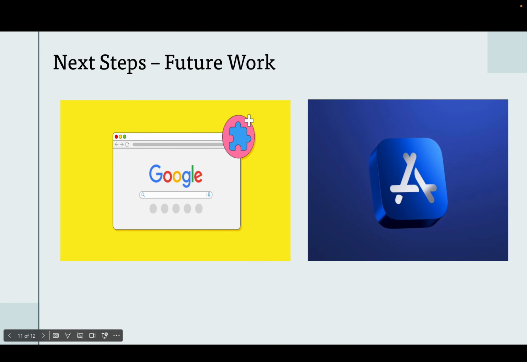Hopefully, if I have time, I'm definitely going to pursue this since I'm convinced by my model's results, and I think I can improve it and provide an application to the users that could benefit them.